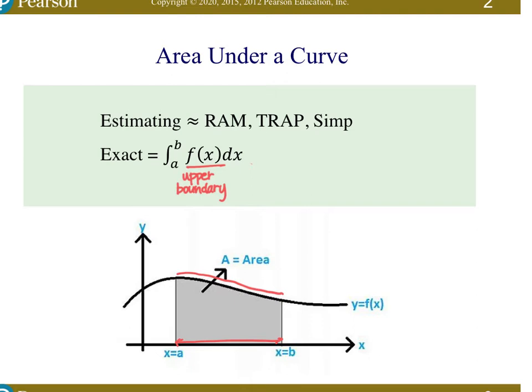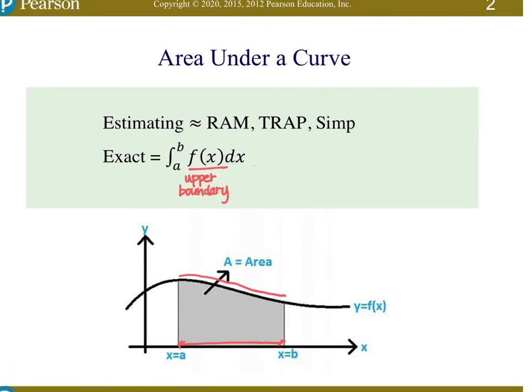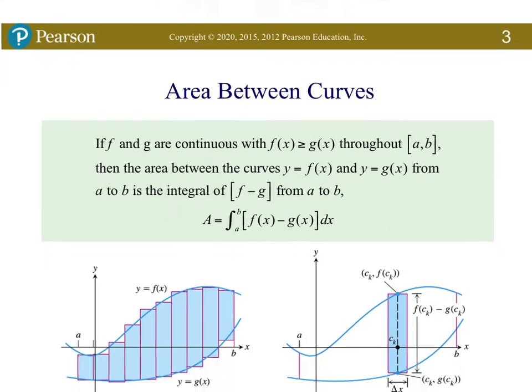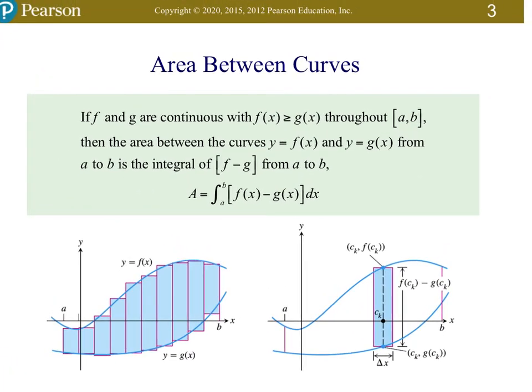So in chapter 7, we're going to take that a little farther, and we're going to look at, well, what if we don't want the lower boundary to be the x-axis? What if we want the lower boundary to be a curve in and of itself? So what if our upper boundary is still the f of x curve, but the lower boundary is some other function, maybe partially above the x-axis, maybe partially below?